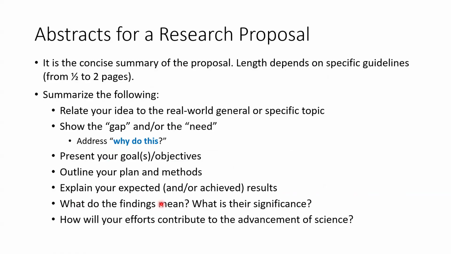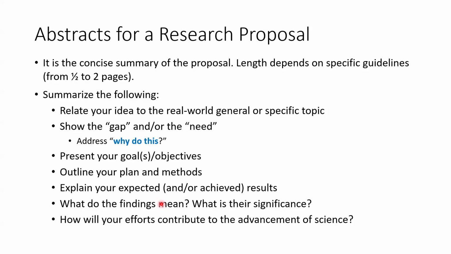It has to be concise. Length depends on the specific guidelines, right? If you are planning to submit a research proposal to the NRC, it's half a page usually. But if you are submitting a research proposal to Erasmus or some large grants, European Community grants, the abstract for the proposal itself would be about 2 pages, right?